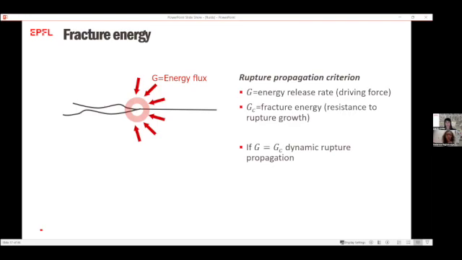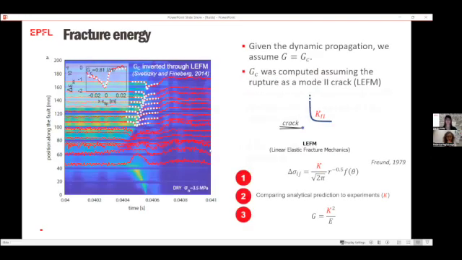And so we wanted to quantify this fracture energy for all the different conditions, and to see how that changed under lubricated conditions. So to do that, we followed the protocol already defined by Feinberg and Svetlizky in 2014, which assumes the frictional ruptures during this kind of experiments as mode 2 cracks, so using linear elastic fracture mechanics.